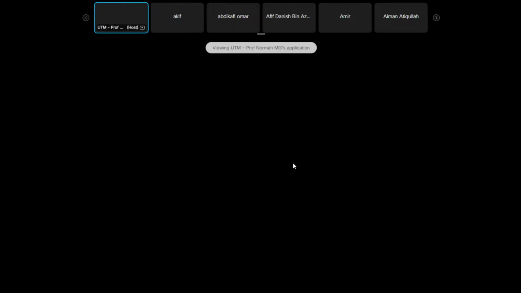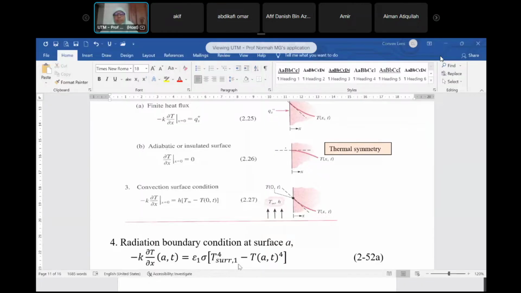It is equal to h. What was the boundary condition in your textbook? h times (T infinity minus T). So this is T at that location, right? So you just apply that.